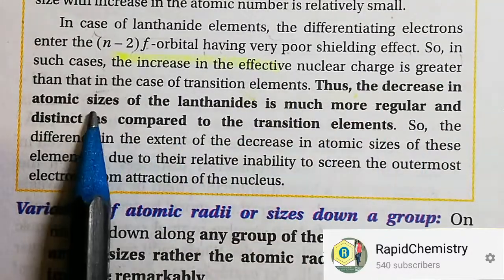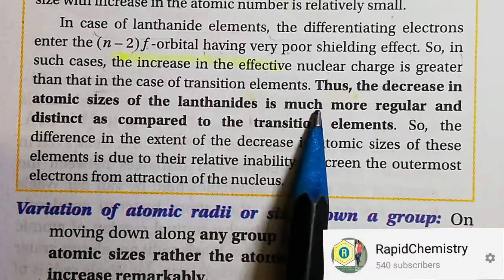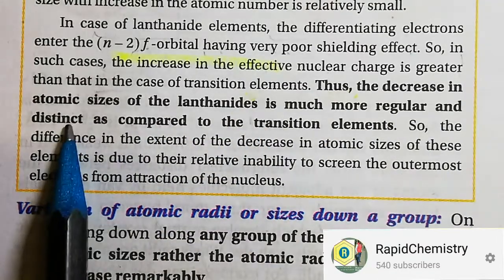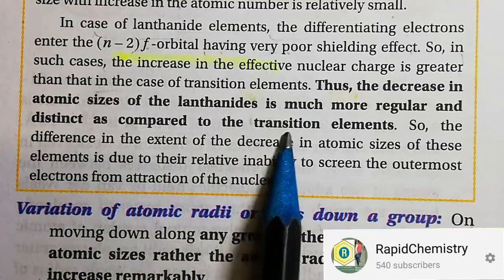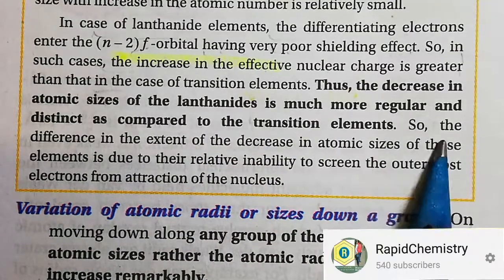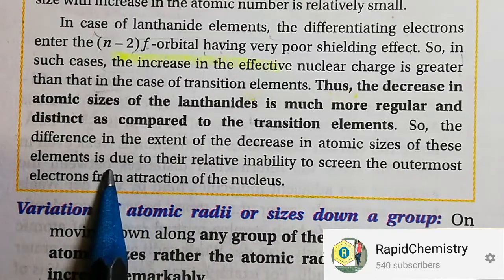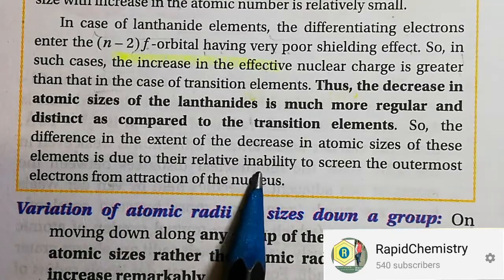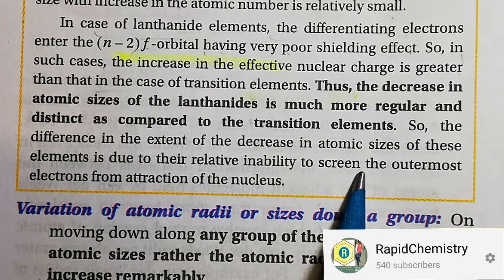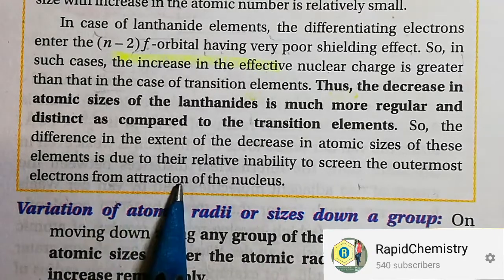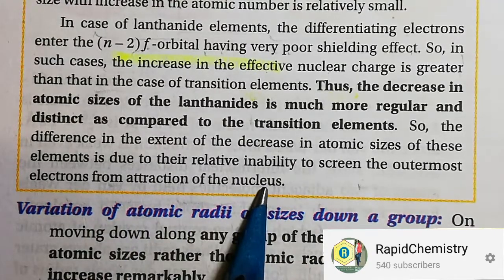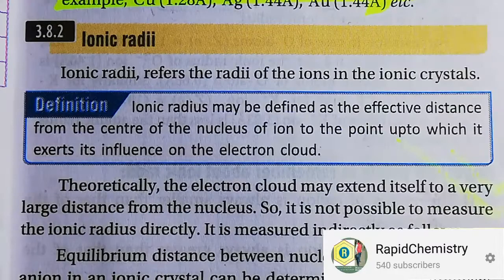Thus the decrease in the atomic size of the lanthanides is much more regular and distinct as compared to the transition elements. So the difference in the extent of the decrease in atomic size of these elements is due to their relative inability to screen the outermost electron from the attraction of the nucleus, and this is said to be lanthanide contraction.